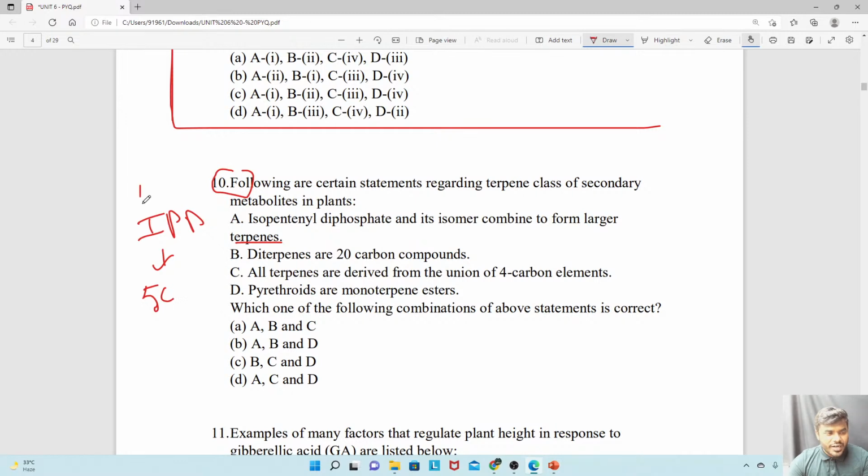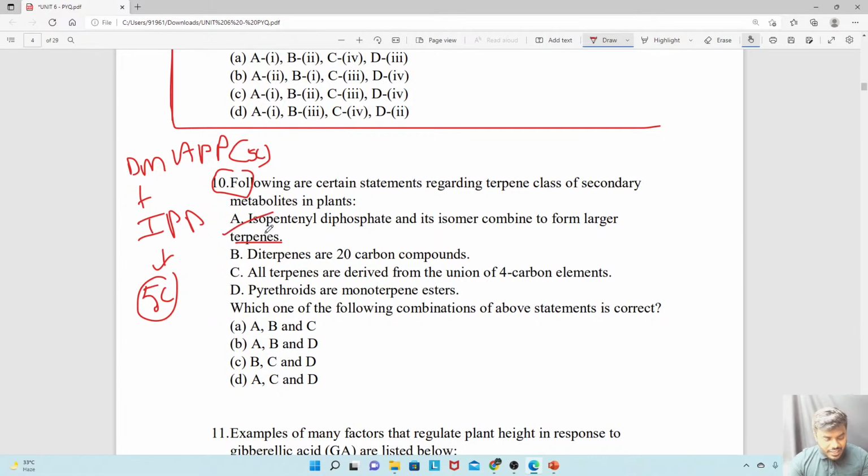I hope every student remember. And what is the isomer of the IPP? I hope all of you remember. I told you the isomer of IPP is what, friends? DMAPP. DMAPP is a 5 carbon. IPP is also 5 carbon. Together they will give the monoterpene, which is an active form of terpene. Obviously option A is right.